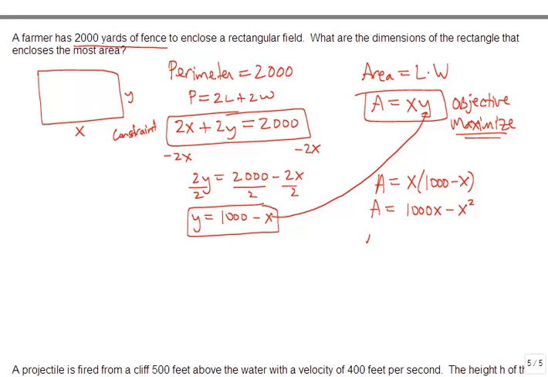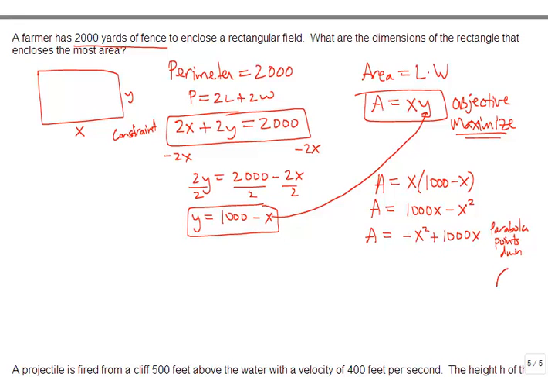So because this is quadratic, we can use some information about quadratics and parabolas to help us find where this maximum has to occur. If you want, you could reorganize this and put the x squared term first, just to make it look more like a quadratic in descending order. So this is a parabola because it's an x squared, and it points down because of that negative in front.